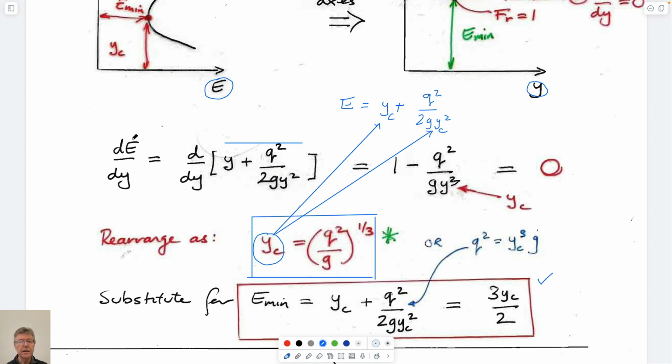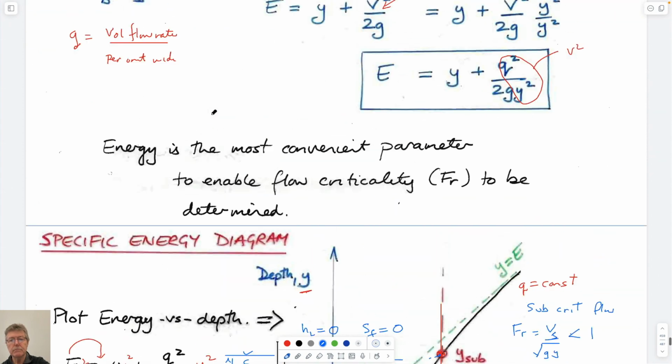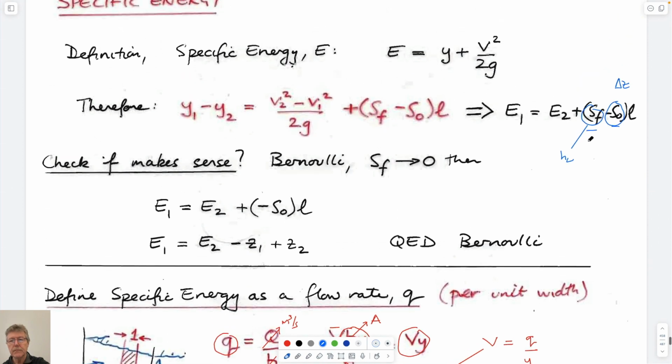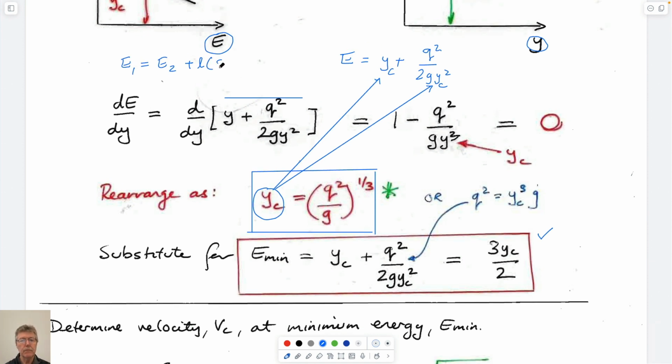And I suppose the energy equation as E1 is equal to E2 plus or minus L times S0 minus SF, or SF minus S0 times L. And so for the geometries of that, well, you know the geometries.